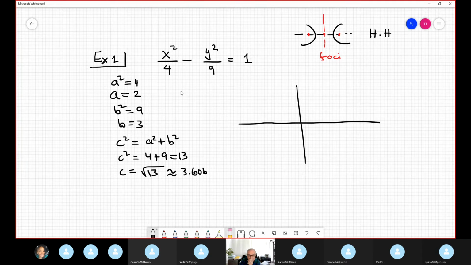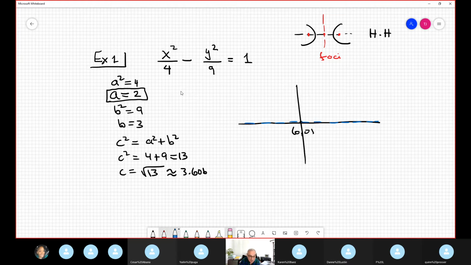I know that this is a horizontal hyperbola. I know that the center is located at (0, 0). Why? Because I don't see any h or k, so no translation. I know that a is 2. The transversal axis is coincident with the x-axis, and on this axis lie the vertices.